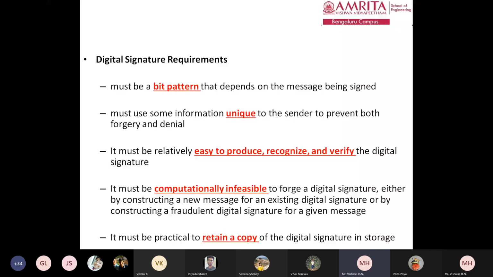It must be computationally infeasible to forge a digital signature, either by constructing a new message for an existing digital signature or by constructing a fraudulent digital signature for a given message. It must be practical to retain a copy of the digital signature in storage. All these are the requirements for digital signatures.